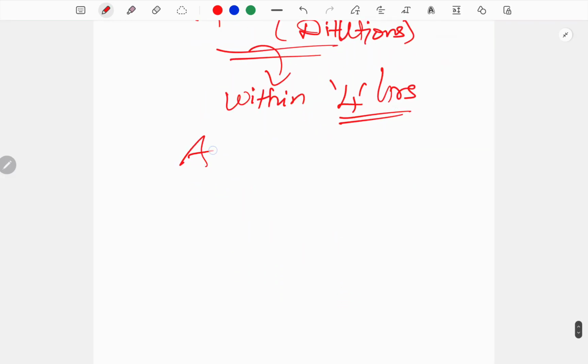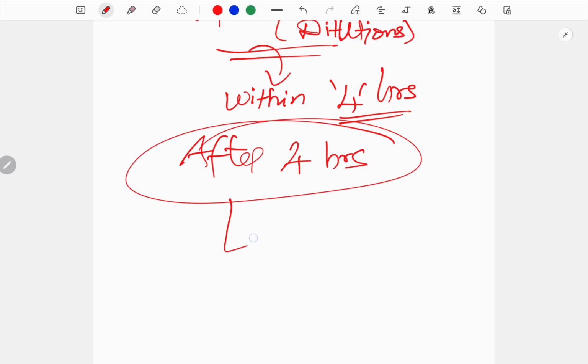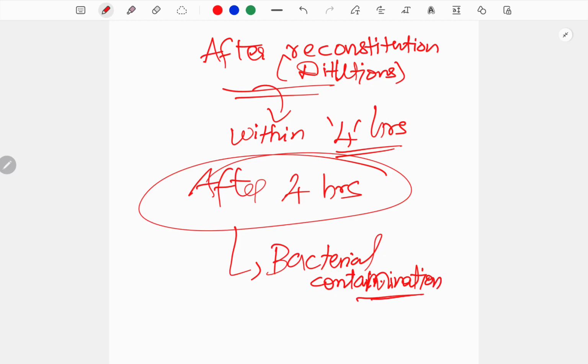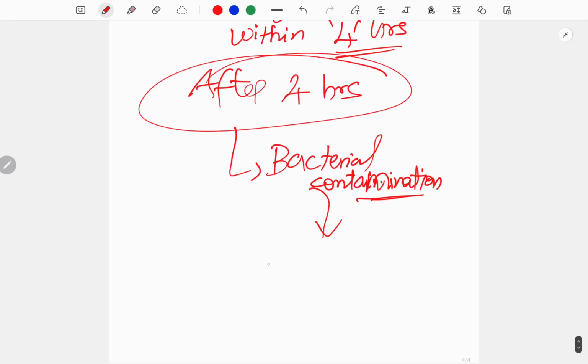If you use this after 4 hours, what will happen? It may lead to bacterial contamination. So this leads to toxic shock syndrome.